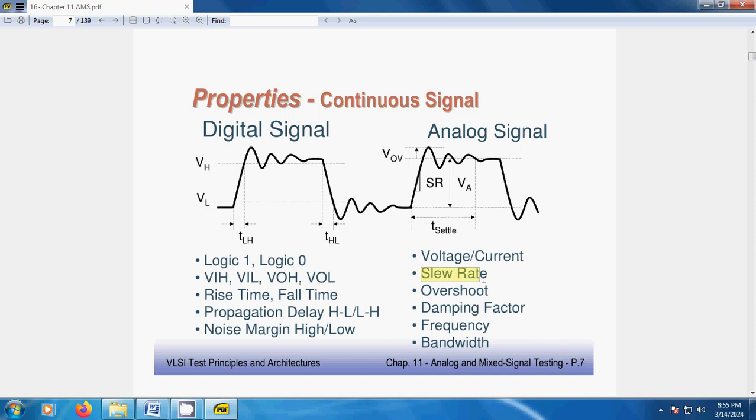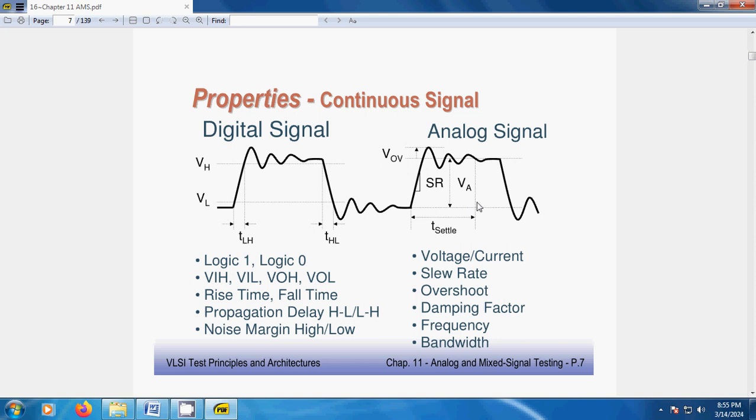Damping factor is nothing but, when you provide a signal to a system, initially there is a particular time for the signal strength to get established within the system. Initially the input goes higher than the nominal value, which we call peak overshoot, and after a particular time it gets stabilized, this time is marked as t settle.